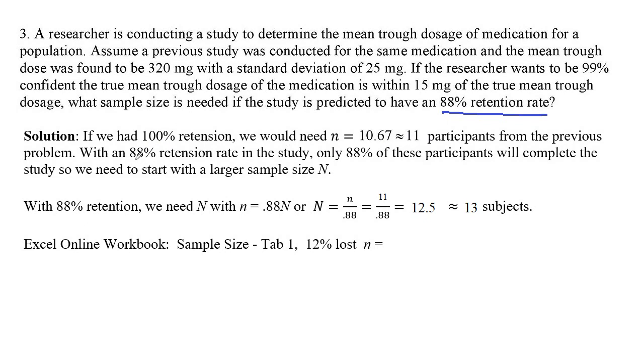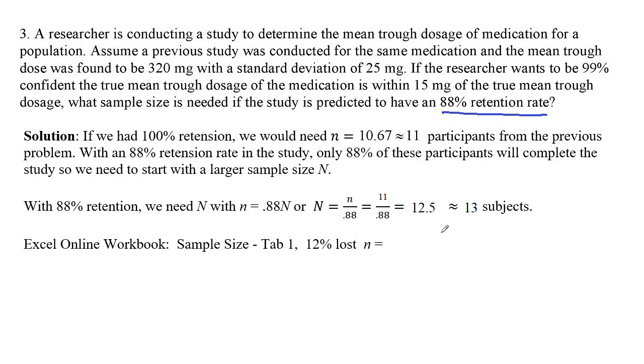With an 88% retention rate, only 88% of the participants are going to complete the study, so we need a larger starting sample size. So the way you compute that is your sample size is going to be 0.88 times cap N, which is your starting sample size. So if you solve for that cap N, you take your sample size at 100% retention and divide by 0.88. So 11 divided by 0.88 is 12.5, rounded up to 13.